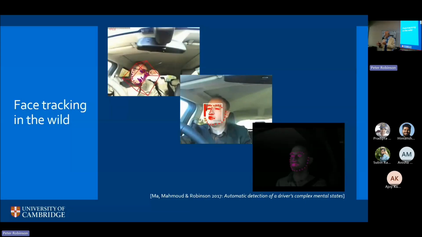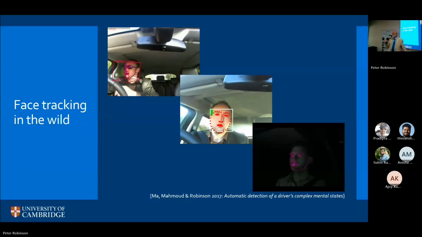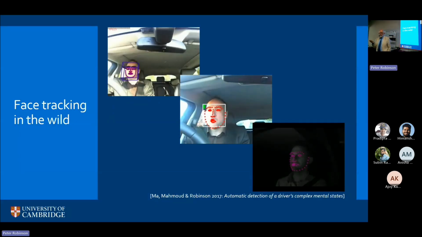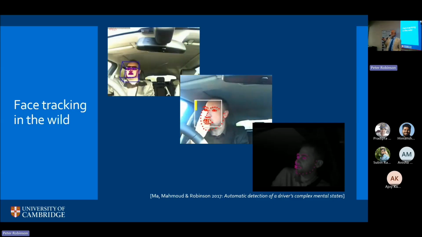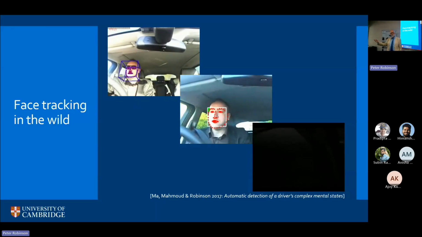We had GPS, so we knew where it was and how fast it was going. Using all that information, essentially, most of the time, they weren't showing any emotions, and just occasionally something interesting happened, but it was almost always to do with other traffic on the road. And that's not very good for data collection because we couldn't repeat the experiments.